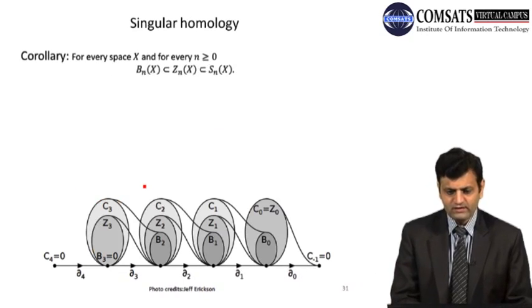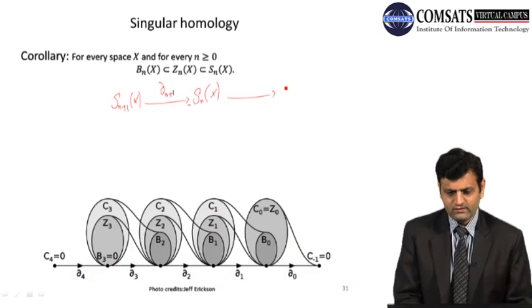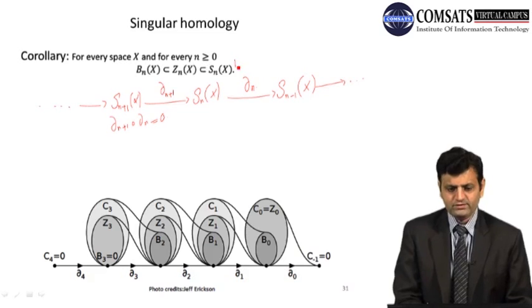Okay, so that's how we define cycles and boundaries. And once again, using the result that if I take the composition of any two consecutive boundary maps, then their composition is going to be 0, we can prove that this holds.